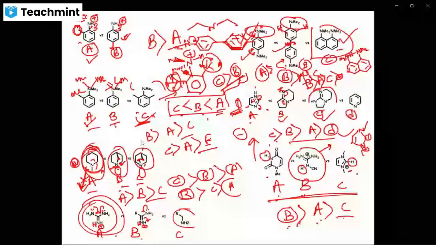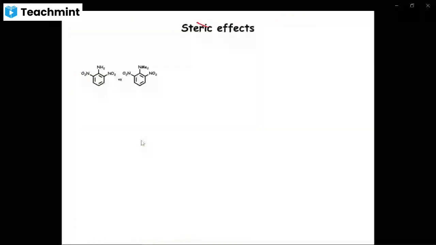Yeah. So now steric effect. This is the case of steric inhibition of resonance. For this, the steric inhibition of resonance is not present. At the same time, it will form a hydrogen bond, and the system is completely planar.